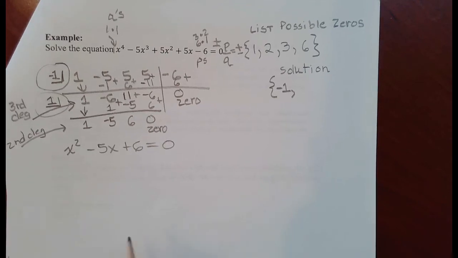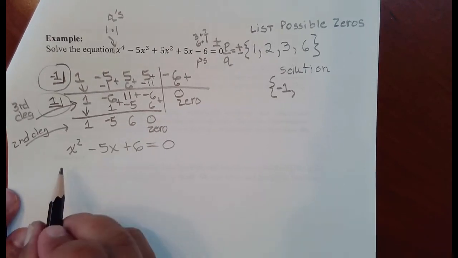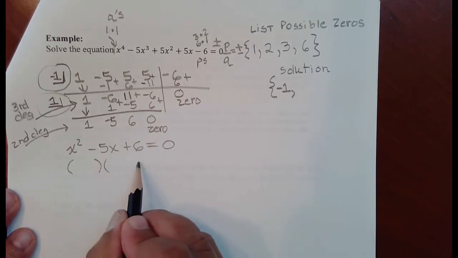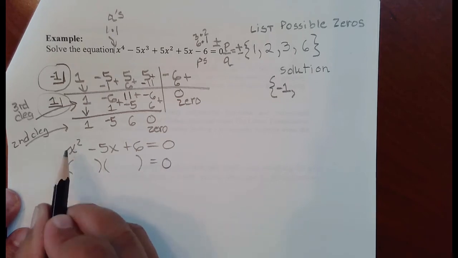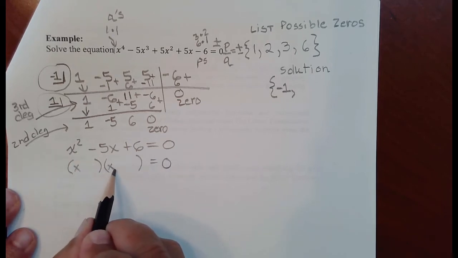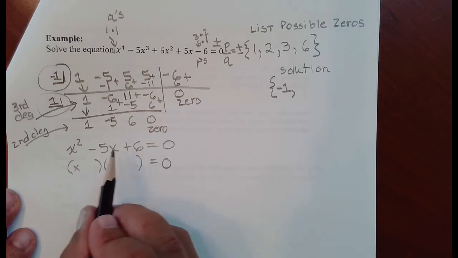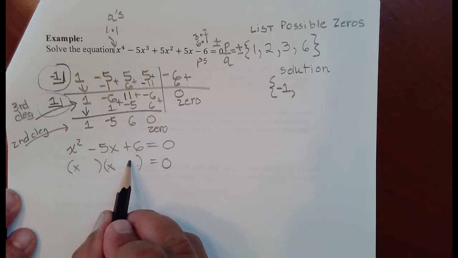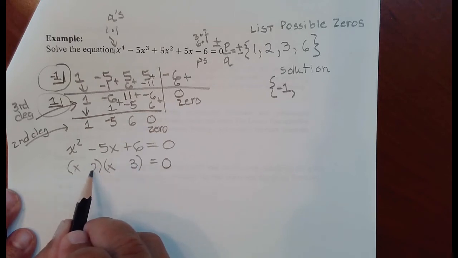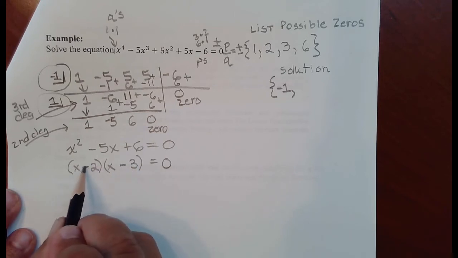Okay, now that factors. So don't bother going into quadratic formula if it factors, because it's easier and quicker to factor. Break up the first term, x and x. Break this up into two factors such that they multiply to be 6, but they add to be 5. That's going to be 3 and 2, both with a negative.